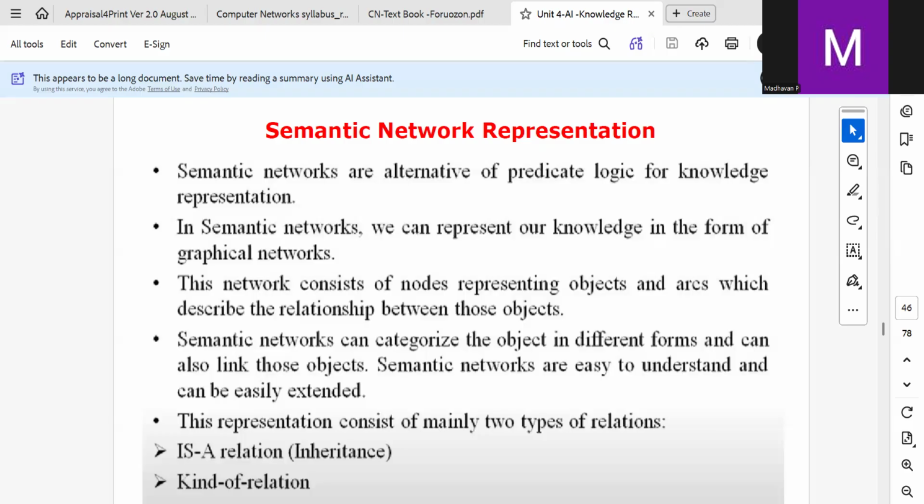So it consists of nodes representing objects and arcs, which describe the relation between those objects. So these networks can categorize the objects in different forms, and they can also link those objects. As I already mentioned, it is very easy to understand and can be extended. The relations used in a semantic network are the is-a relation and the kind-of relation.